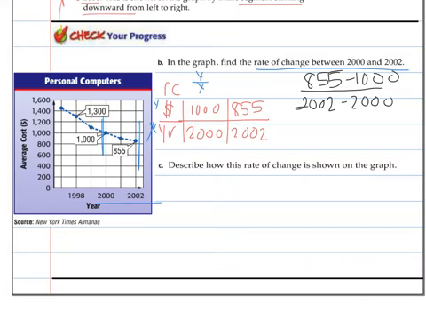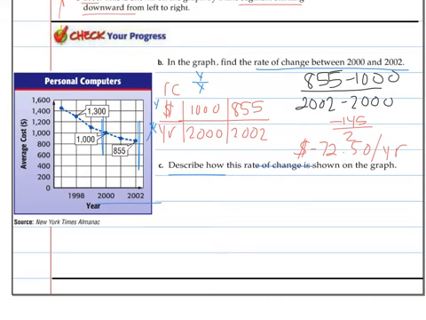When I subtract, I get negative 145 in 2 years, which simplified to negative 72.50 per 1 year.